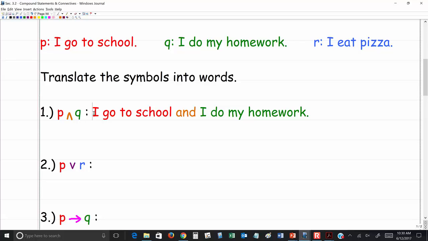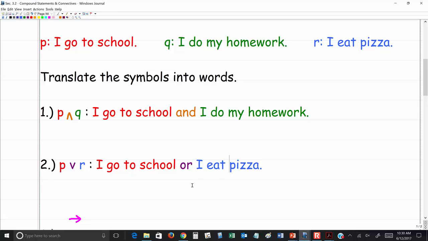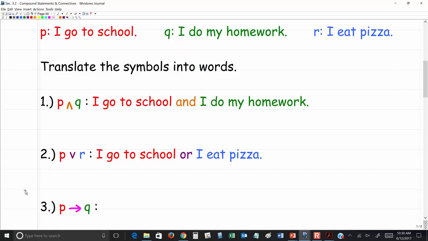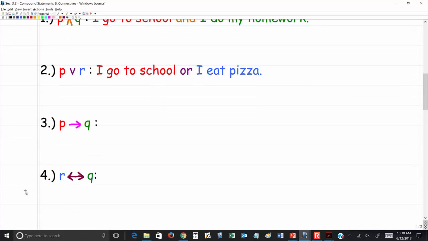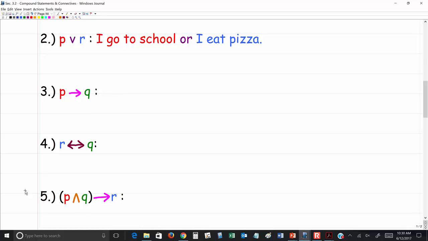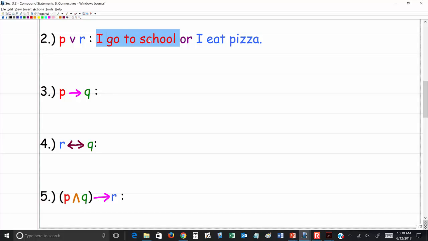And then number 2 is saying P or R. So that would be, I go to school or I eat pizza. And then number 3 is if P, then Q. So if I go to school, then I do my homework.